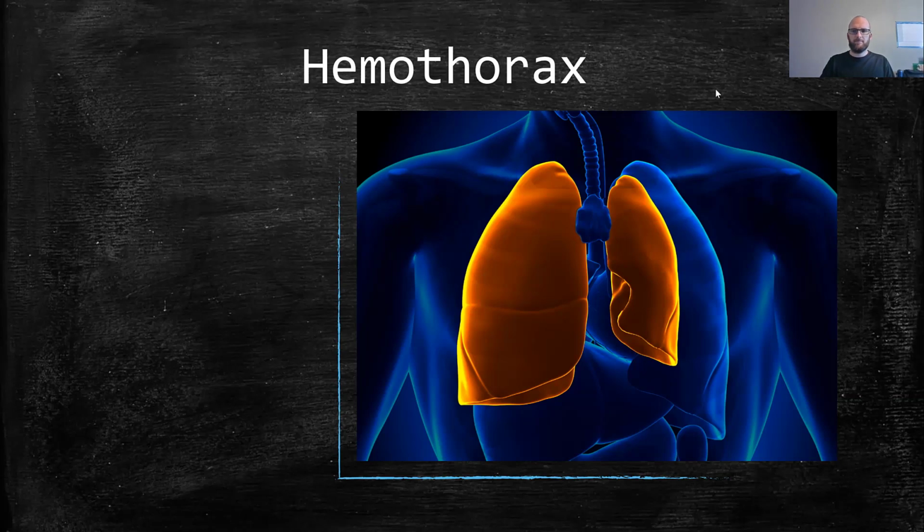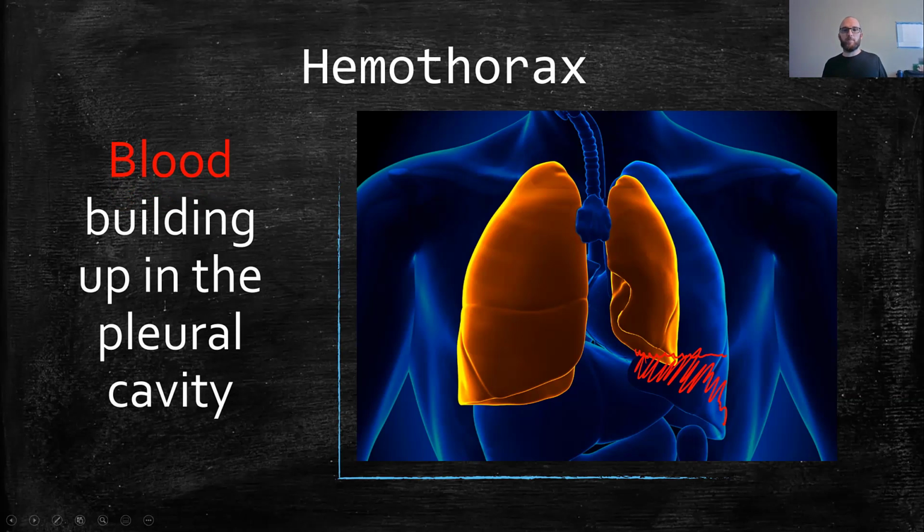All right. So back where we left off is hemothorax. Hemothorax is now we have blood building up inside the pleural cavity. Instead of air building up inside the pleural cavity, which is our pneumothorax, now we've got blood building up in there.